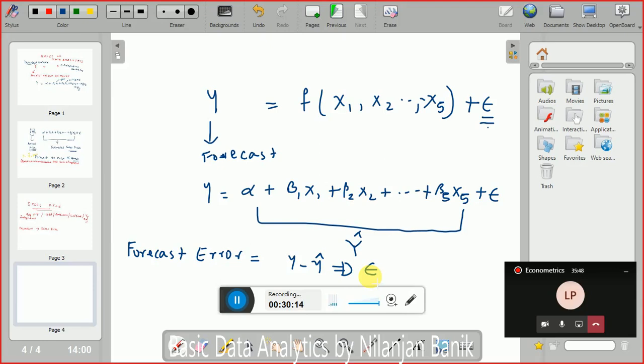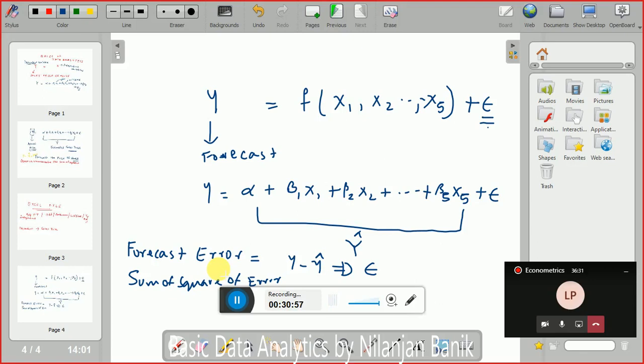If you are a successful modeler, your job is to minimize the sum of squares of error. Why am I using the words sum of squares of error? Because error can be both positive and negative, and if I add the positive and negative errors together, it is going to be 0. Therefore I should minimize the sum of squares of errors, because then the errors being generated are smaller in size.